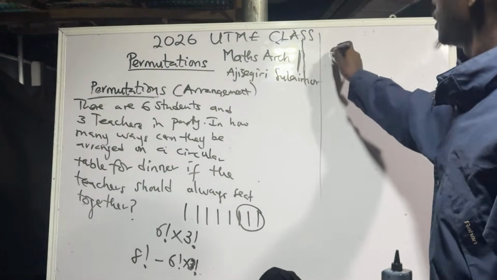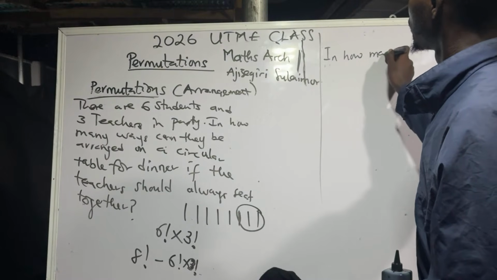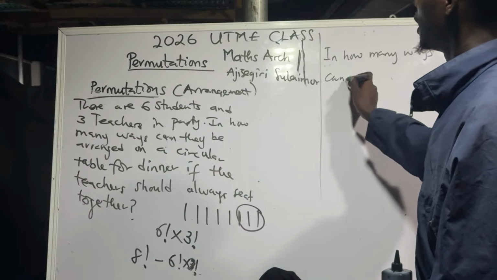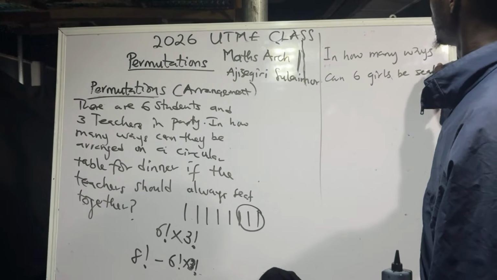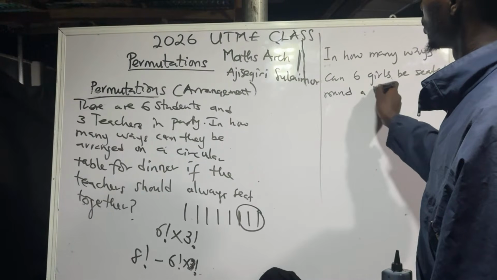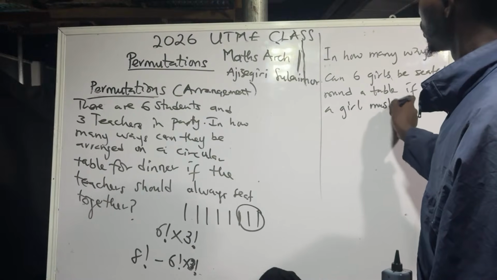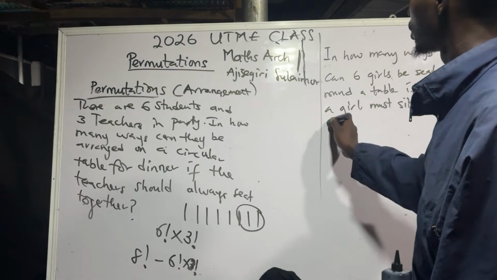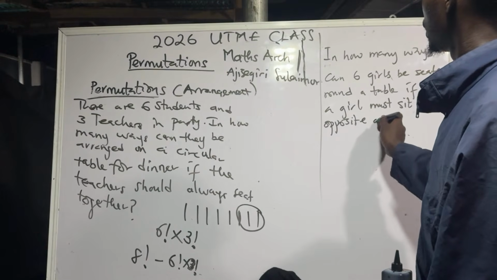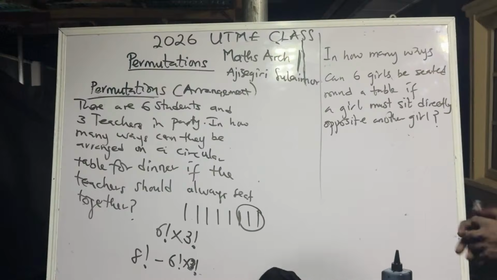Let me tell you, in how many ways can 6 girls be seated around the table if a girl must sit directly opposite another girl?